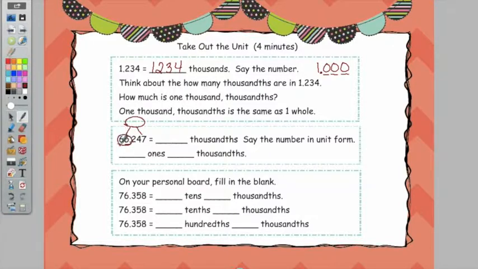Does yours look like this? Yeah. Okay. If I take out the ones, that would be my first circle, right? And then my second circle would be 247 thousandths. I guess what they're wanting us to write here is 65,247 thousandths, I think.